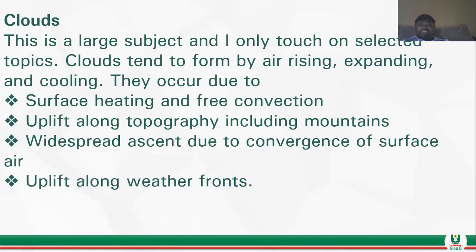Don't forget, convection is a means of heat transfer through liquids and fluids. 2, they occur due to uplift along topography, including mountains. 3, they occur due to widespread ascent due to convergence of surface air. 4, they occur due to uplift along weather fronts.